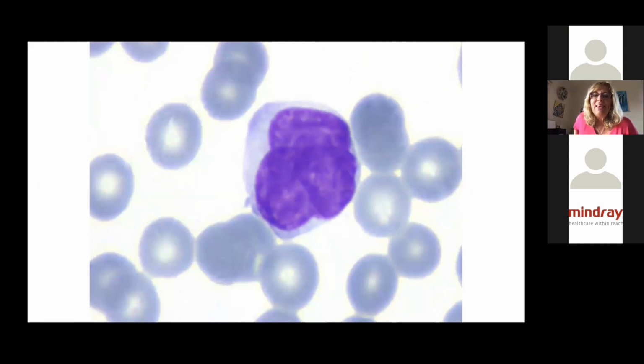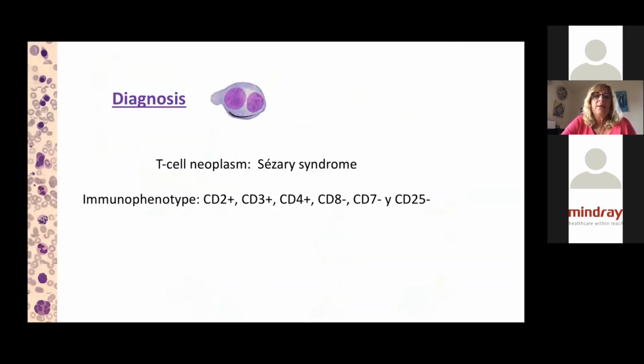This very irregular nucleus, mature chromatin, and these lines inside the nucleus are very typical of Sézary syndrome. It's a T cell lymphoma. The diagnosis was a T cell neoplasm, a Sézary syndrome, with the typical immunophenotype showing T markers and negativity for CD7 and CD25.